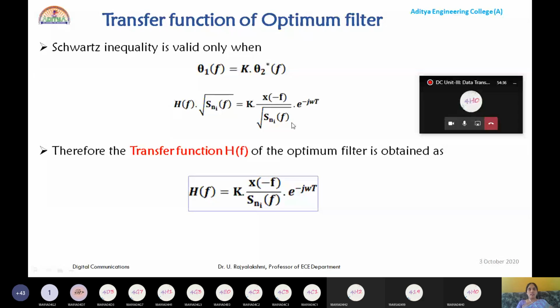Here we did not represent anything for the noise because we assumed the noise to be white and Gaussian. So irrespective of the frequencies, our SNI of f is always constant at N0 by 2.